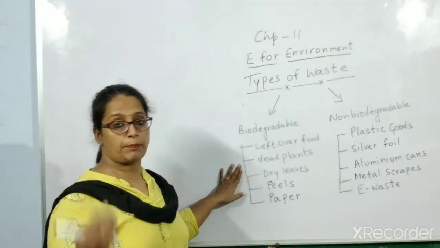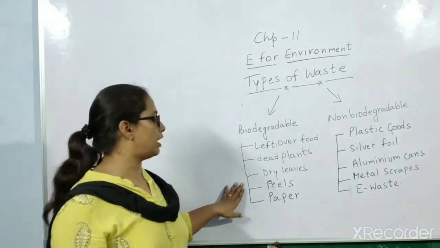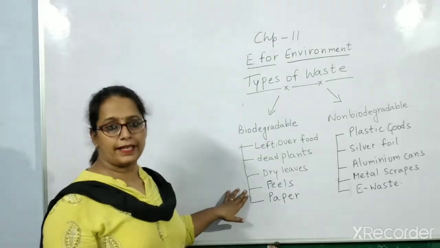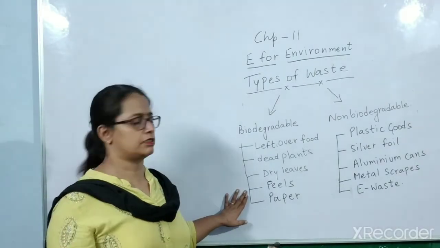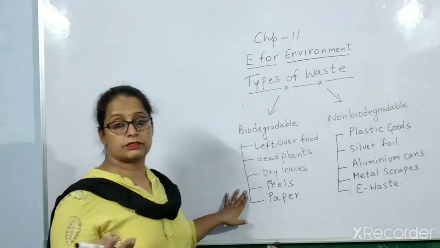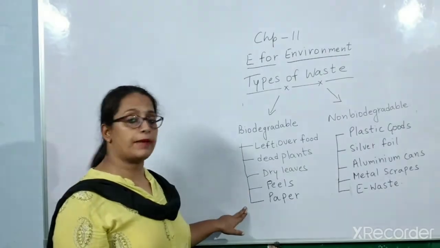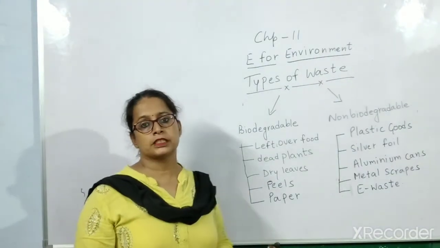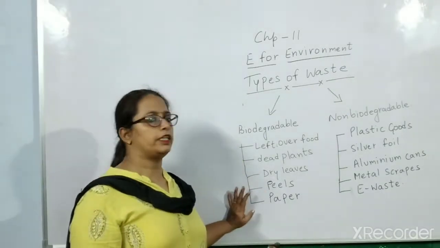Dead plants are a part of the garden. Dry leaves are also part of the garden. Then peels: vegetable peels, fruit peels, any peels that come out of the vegetable. Then paper, which also comes in the house, right? So these are the biodegradable waste.